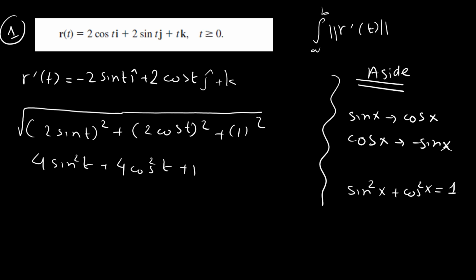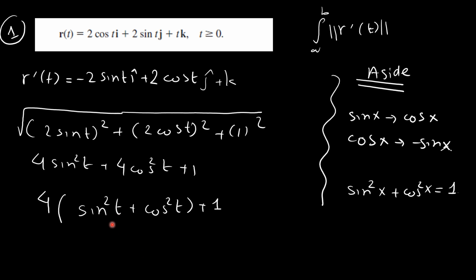This is a trig identity that you need to remember. So with this identity, if we factor out a 4 here, we can replace this by 1. So we have 4 times sine squared of t plus cos squared of t, plus 1.